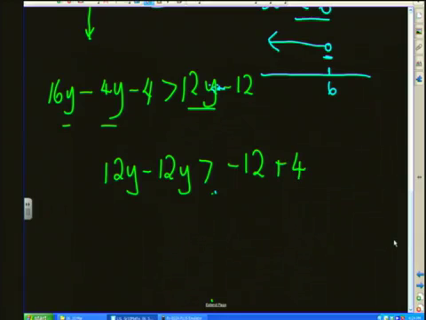So I get 12y, is that right? 16y, not 16, I made a mistake, that was supposed to be 48. I was wondering what's happening, all my y's are disappearing. 48y minus 4 is going to give me 44. 44 minus 12, there we go, so let's change that. So 48 minus 4 is 44y, minus the 12y that I bring over is greater than minus 12 on the right-hand side. Take the minus 4 over, so it becomes plus 4.